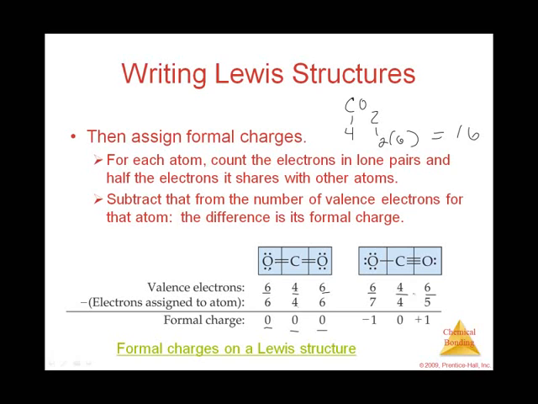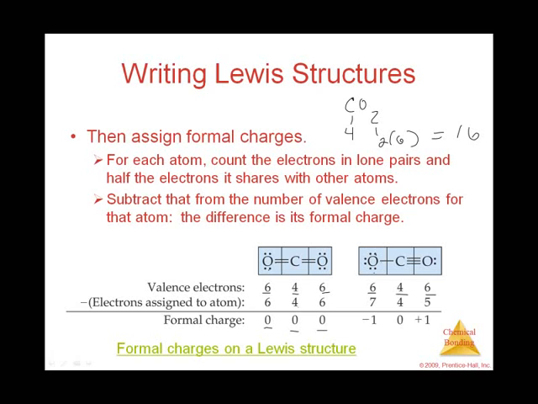As opposed to if I looked at this structure where I have 1 single bond and 1 triple, now this oxygen has 2, 4, 6, 7 electrons assigned, which gives it the difference between the 6 it normally has as an atom and the 7 assigned here. It gives me a -1.